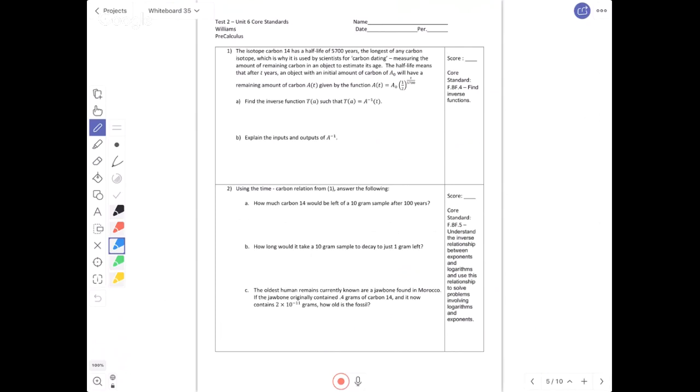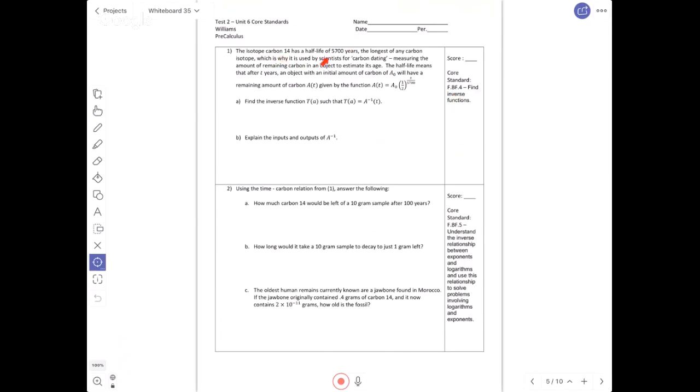I'm looking at test 2 in PreCalculus, Unit 6, and I'm going to go over the core standard questions. We had 3 more core standards for Unit 6 on exponentials and logarithms. So the first one was that you would be able to find inverse functions.